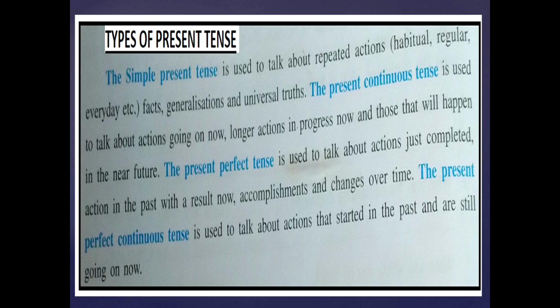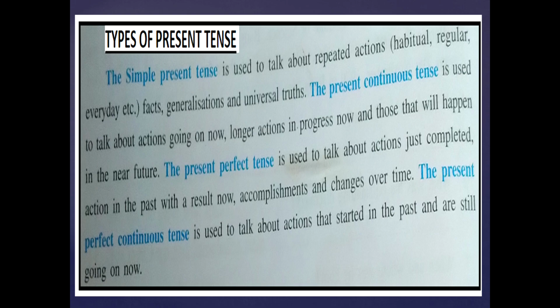And present continuous tense is used for actions that are in progress currently, that are going on, happening now. And present perfect tense is used to talk about a just completed action in the past with the result now, accomplishments and changes of time.